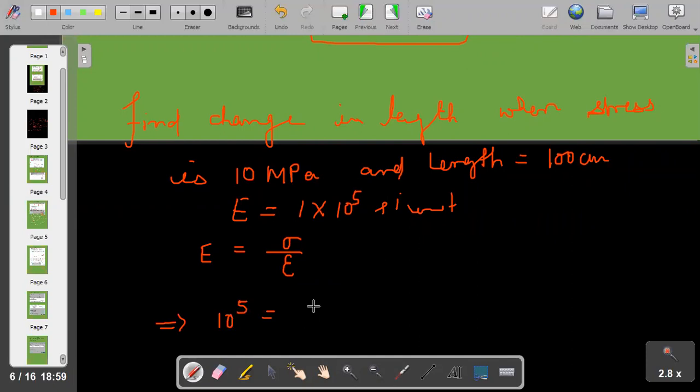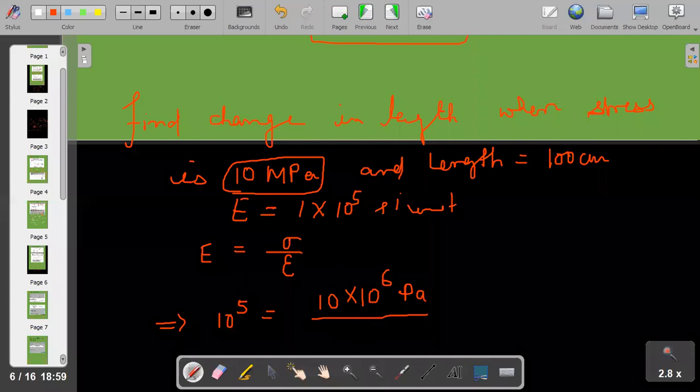What is sigma? 10 megapascal, that is 10 into 10 to the power 6 pascal. And strain is delta L upon L. L is given.